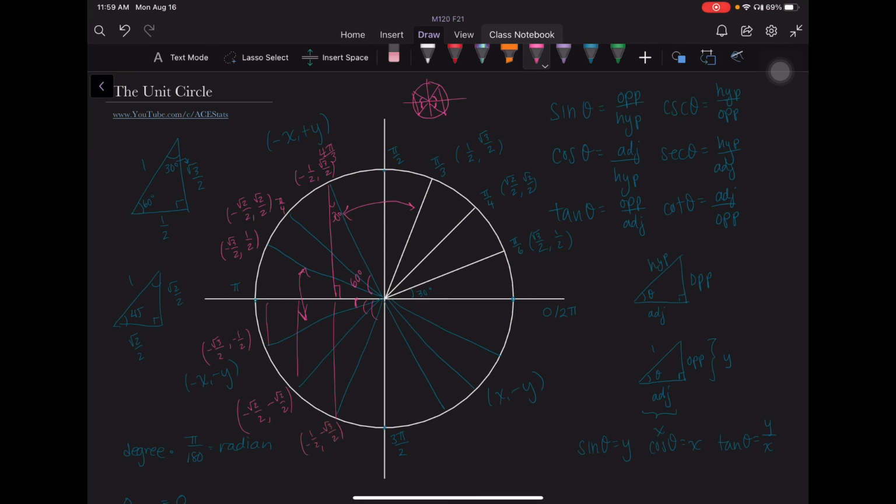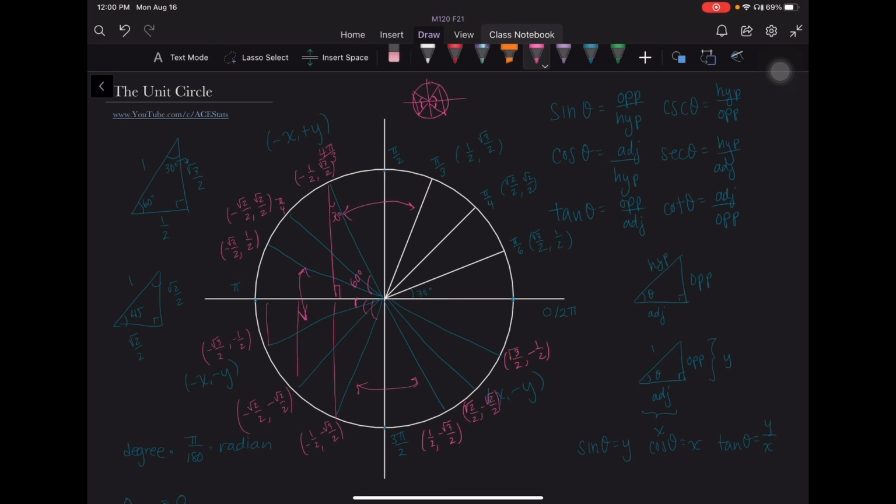And then finally, same thing. These two values are going to be the same, except your x is going to be positive and your y is going to be negative. And this is positive.